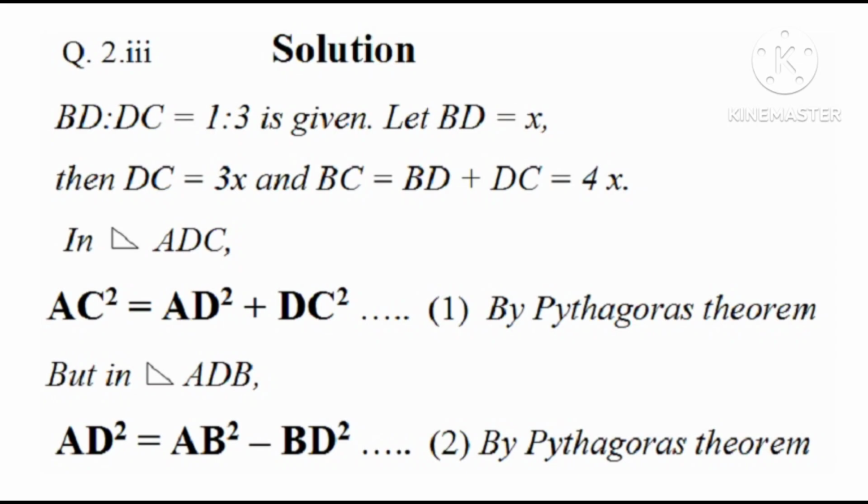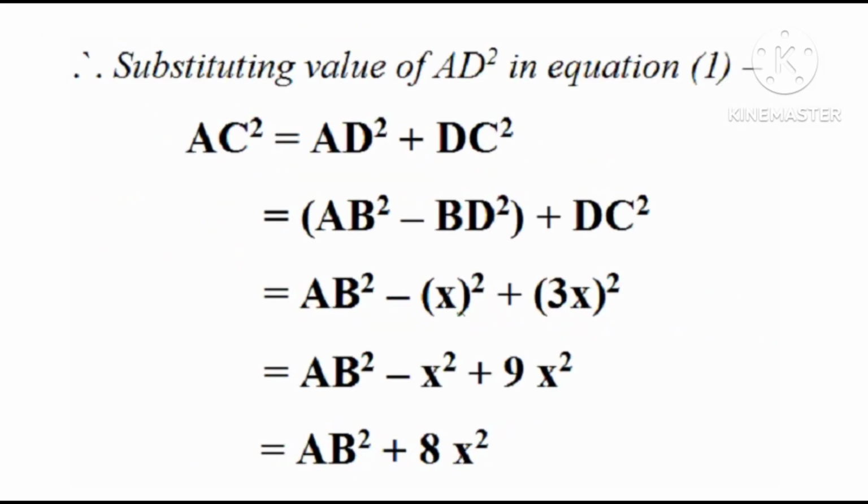In right-angled triangle ADC, AC² is equal to AD² plus DC² as per Pythagoras theorem. But in right-angled triangle ADB, AD² is equal to AB² minus BD². Therefore, substituting value of AD² in equation 1, we get the value of AC² equal to AB² minus BD² plus DC².